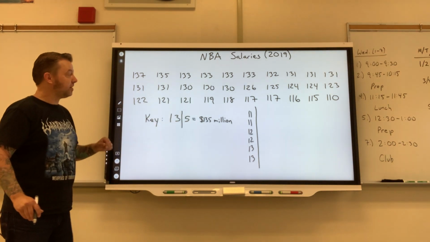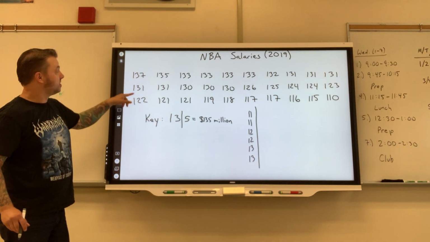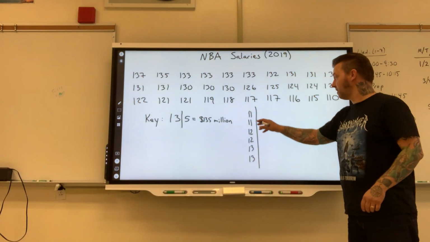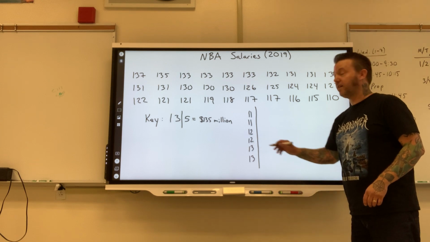13 | 5 is 135 million. So looks like I'm starting here. I'm going to go 0 through 4, 5 through 9. 0 through 4, 5 through 9.